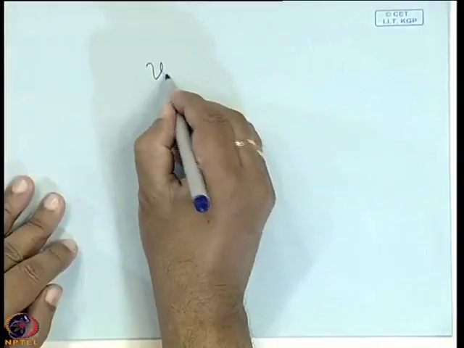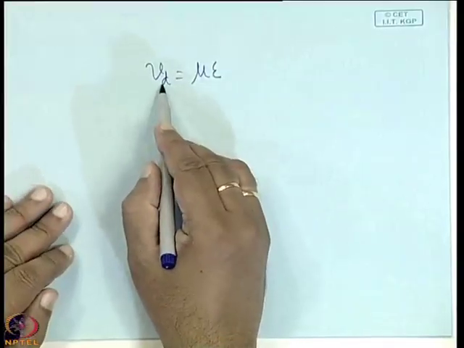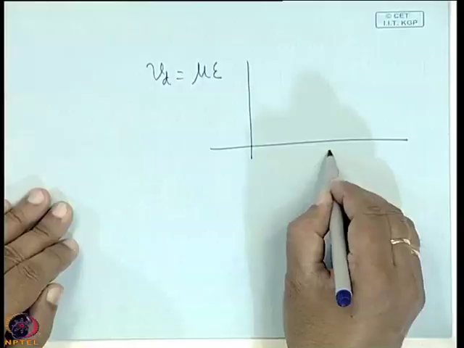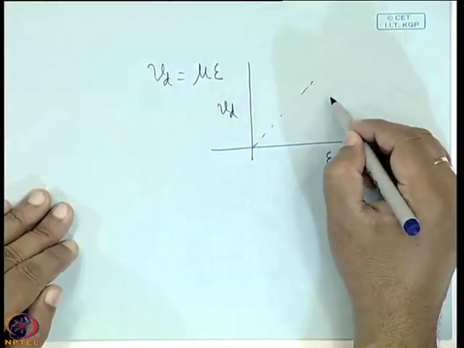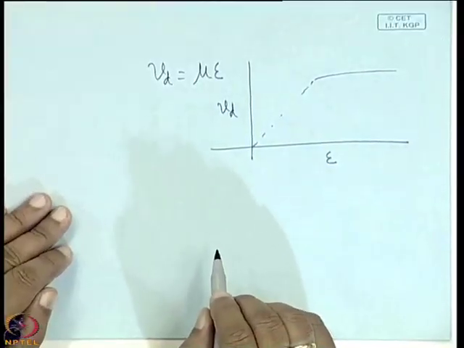Actually Vd equals mu E. Vd is the drift velocity, mu is the mobility, E is the electric field. So if you plot E versus Vd, first it increases, then it saturates.